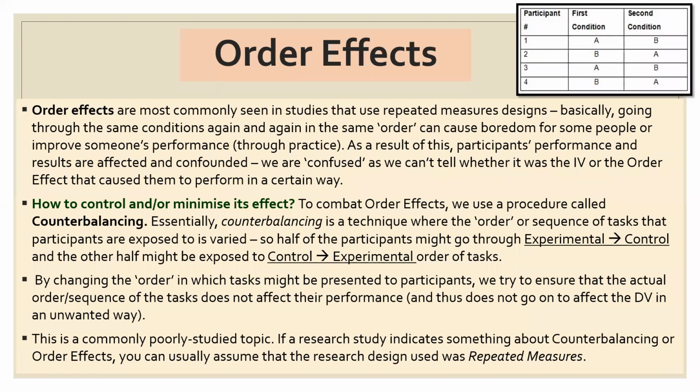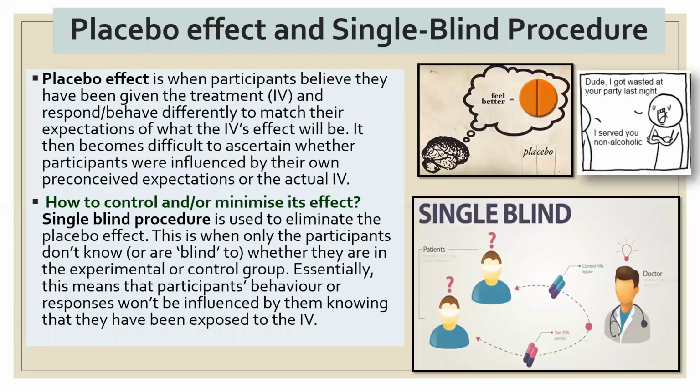We're mixing up the order of the tasks, so they'll get less tired of doing the same tasks in the same order each time. Yes, exactly. And that's to get rid of boredom, right? Exactly, yep.